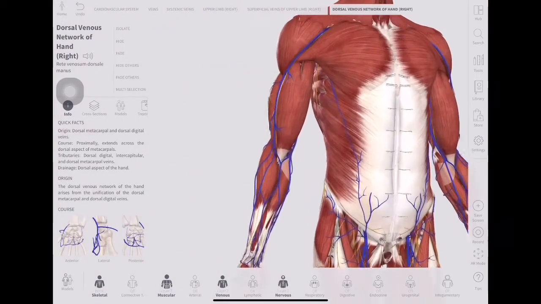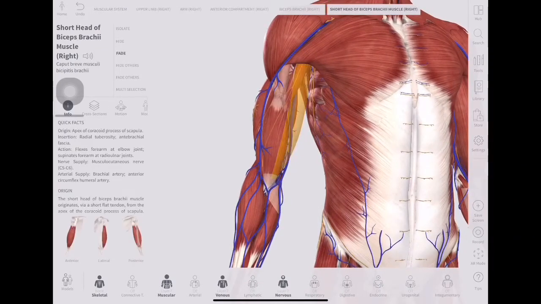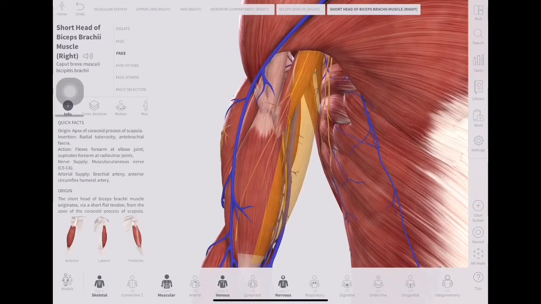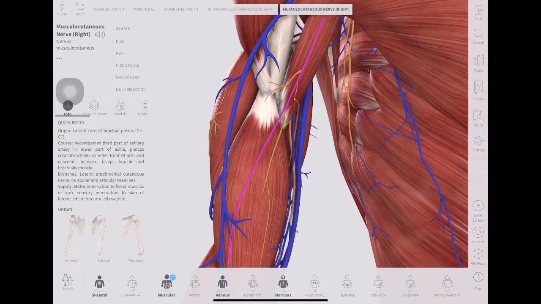Going back to the forearm, we'll be able to ID the musculocutaneous nerve originating from C5 to C7 of the brachial plexus, also showing other structures of the upper limb.